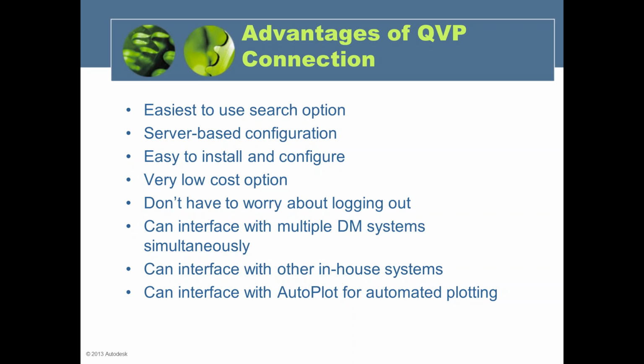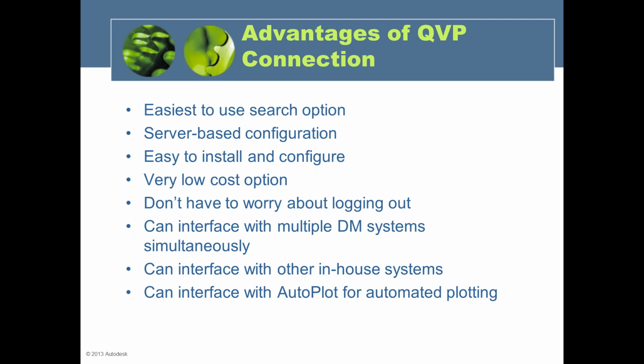So from an end user perspective, they don't need to know what system, or in Windows instead, where a particular file lives. They can just use QVP as a single portal to search, retrieve, and view files from wherever they might happen to be.